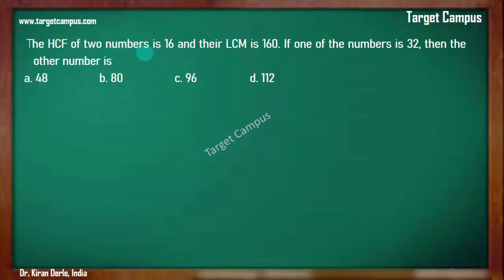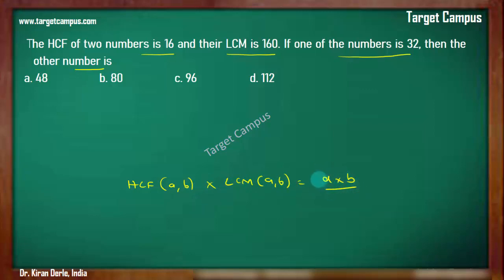The HCF of two numbers is 16. Their LCM is 160. If one of the numbers is 32, then the other number is, we have a very sweet formula here. Let's say there are two numbers A and B. HCF of AB into LCM of AB is equal to the product of AB.